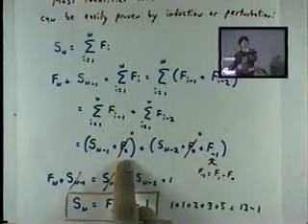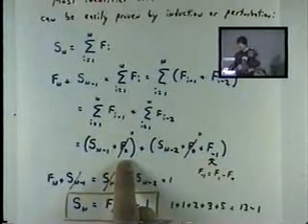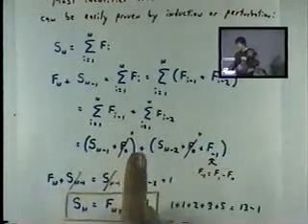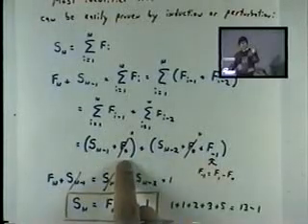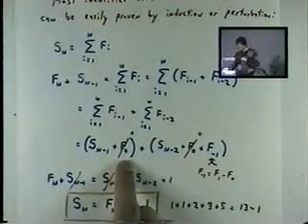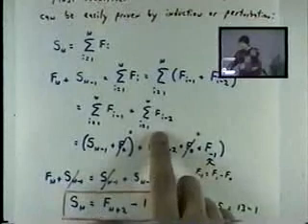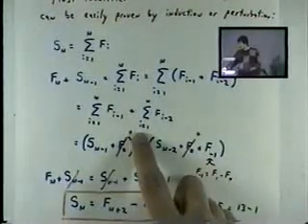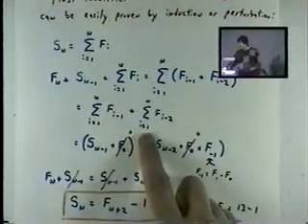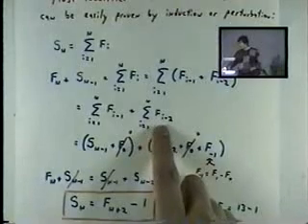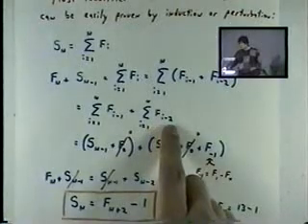How many people are with me so far? That should be pretty easy. Now, fib sub 0 is 0, right? We start counting the Fibonacci numbers from 0, 1, 2. Let's look at the other summation. That's a little more interesting. Here we have the sum as i goes from 1 to n of f sub i minus 2.